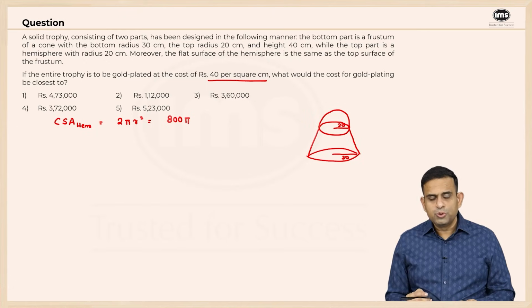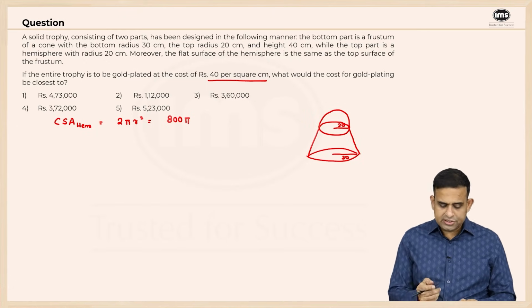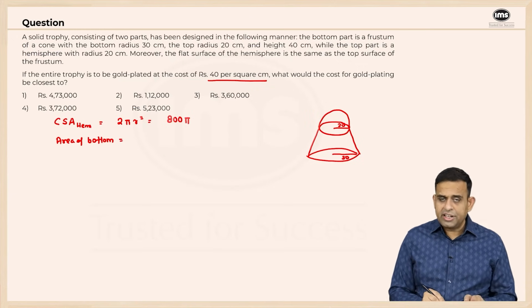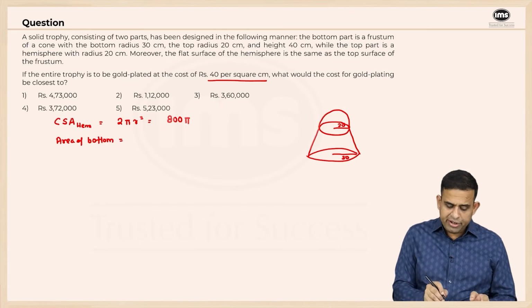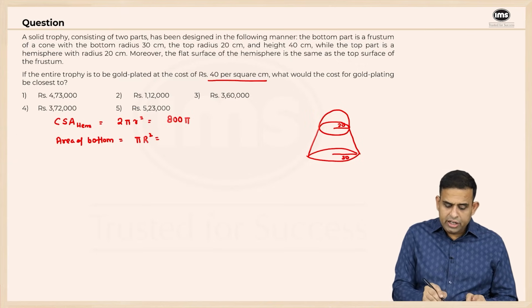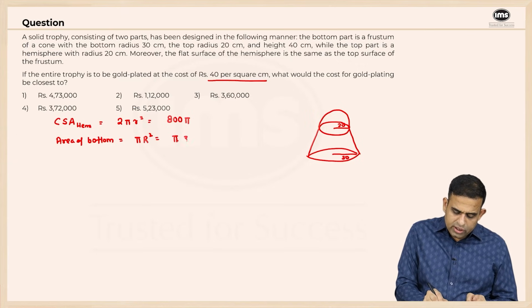Then we are also supposed to account for the base. So I will find the area of the bottom, which has a radius of 30 centimeter. The required area is pi times capital R square, which is pi into 30 square, or simply 900 pi.